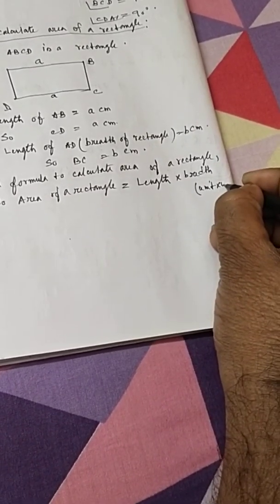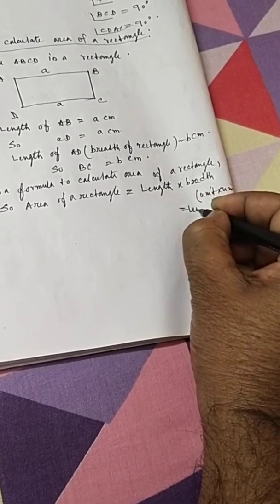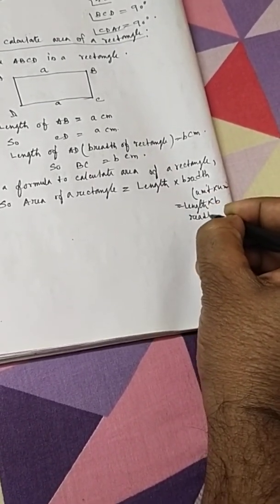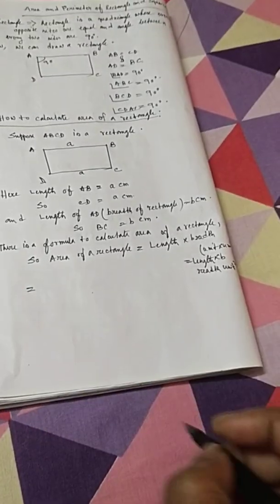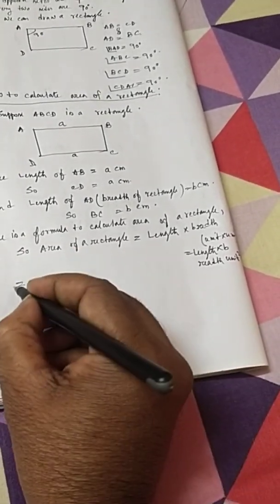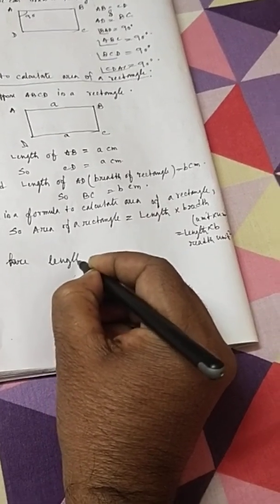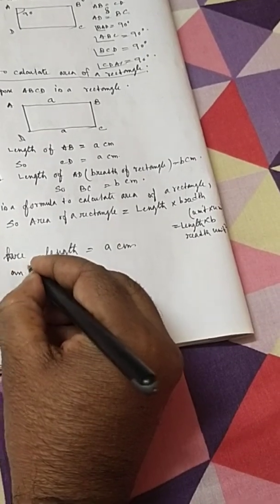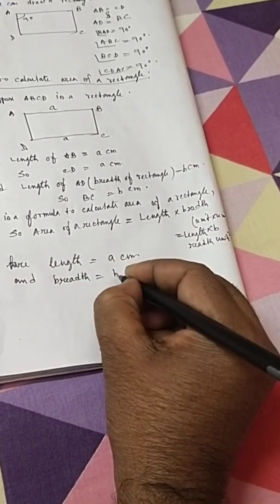Unit into unit equal to length into breadth unit square. So here length equal to a centimeter and breadth equal to b centimeter.